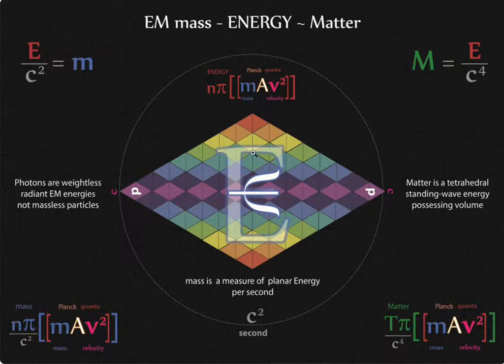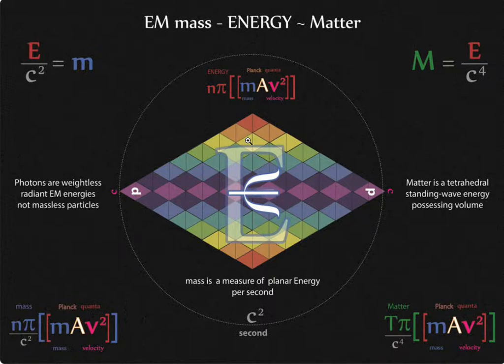So in the case of photons, one of the large debates that's raged over the years due to Einstein's equivalence formula, E equals mc squared, as it relates to photons, is whether they have mass or not. Obviously they have energy and momenta, so therefore it is reasonable to assume they have mass. The fact that they have energy per unit of time is a measurement of mass.